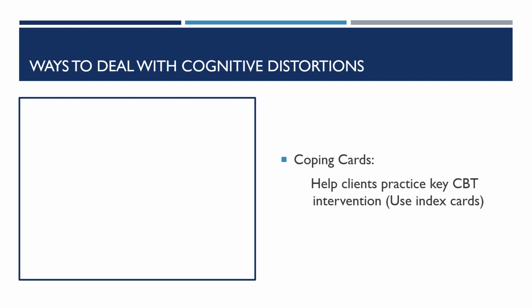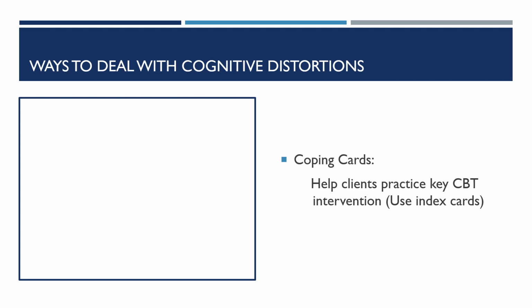Basically, you're helping your clients to identify some of those unhelpful negative thoughts, and then write down helpful and more adaptive thoughts that can counter those negative thoughts. So a coping card is used to help your clients practice key CBT interventions.